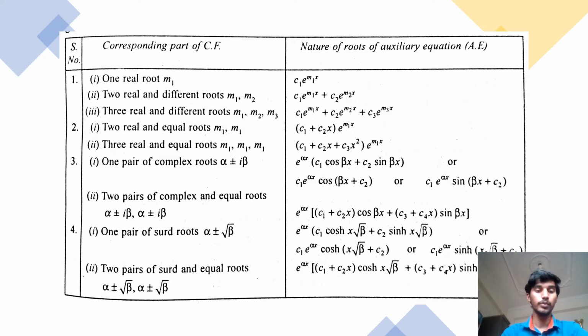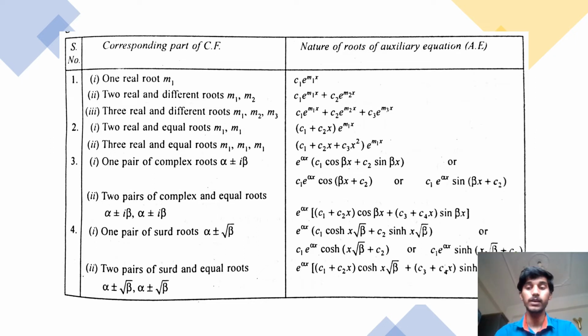Then, coming to two pairs of surd and equal roots, alpha plus or minus root beta, alpha plus or minus root beta, the solution is written as e to the power of alpha x into c1 plus c2x cosh x root beta plus c3 plus c4x into sinh x root beta.